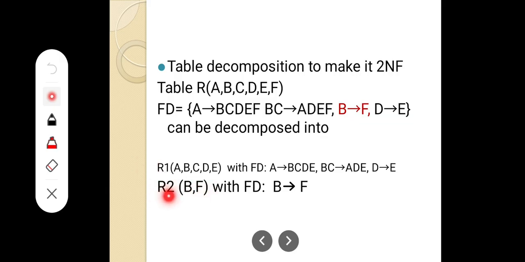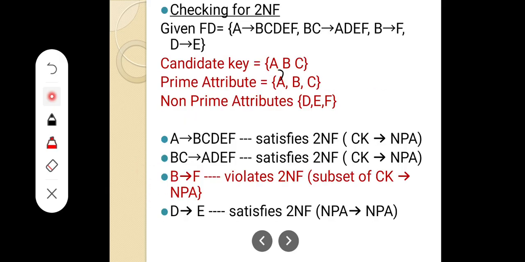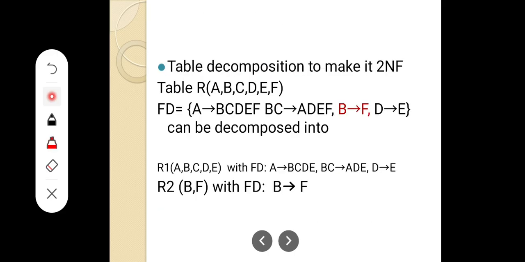One table will have attributes B, comma, F with the functional dependency B determines F. That is R2, B, F, with the functional dependency B determines F. Here we consider B as the candidate key. So this condition will be satisfied, and 2NF will be satisfied. Clear?